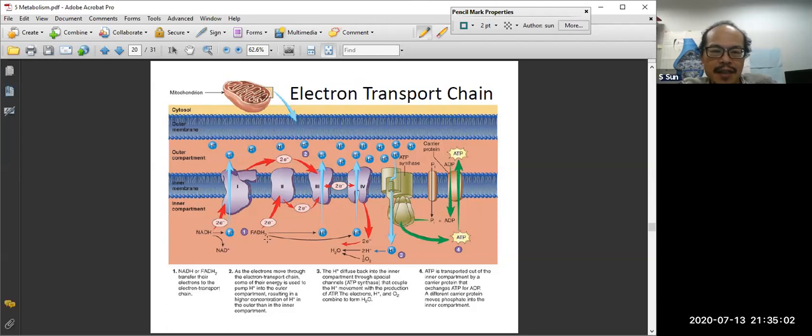The NADH and the FADH2 donate their hydrogen to put into the intermembrane space, and that hydrogen gradient pushes through this channel to convert the ADP to ATP. And that electron can be reduced by oxygen. Oxygen here forms the water.